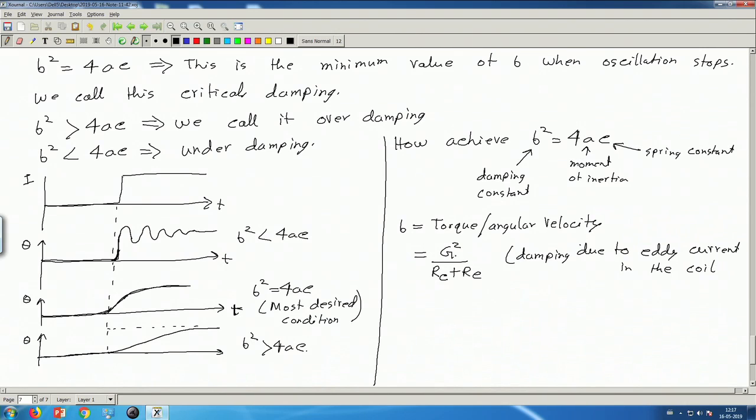Where G is basically BAN whole square. So let me put the value. And it is equal to BA square by former resistance for damping due to eddy current in the former.